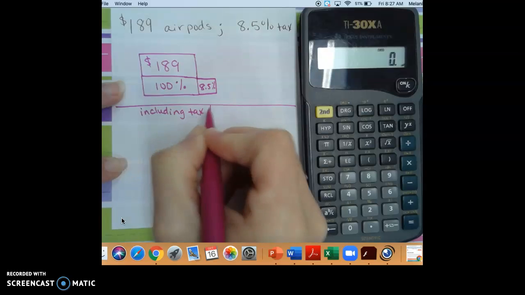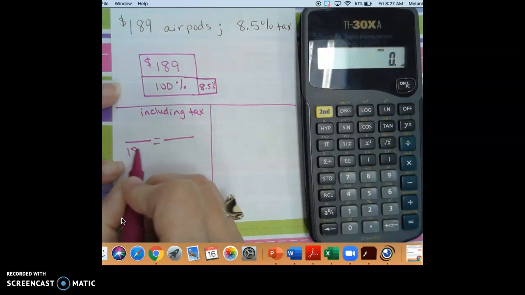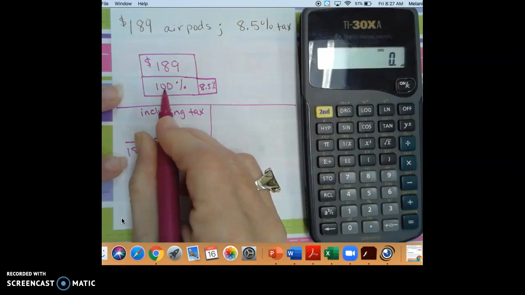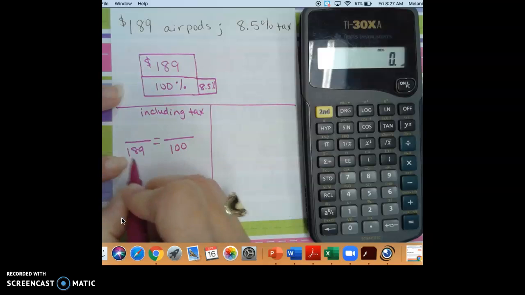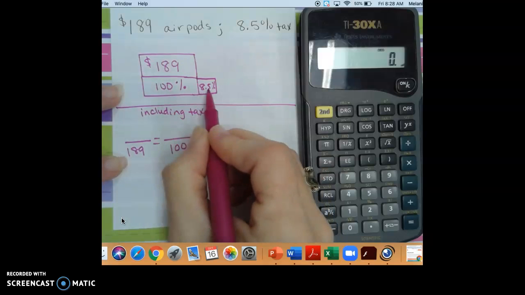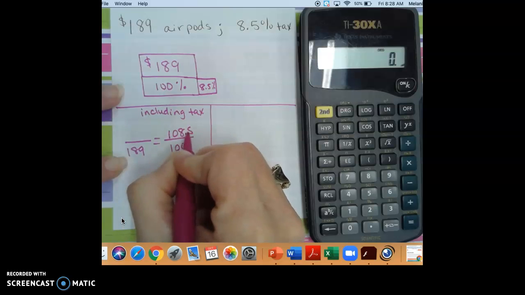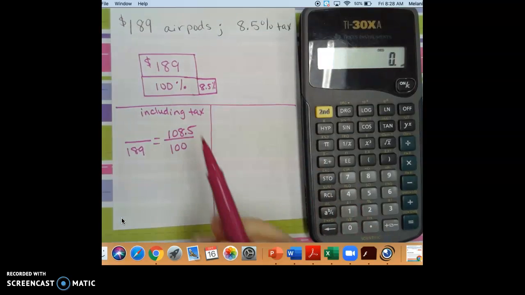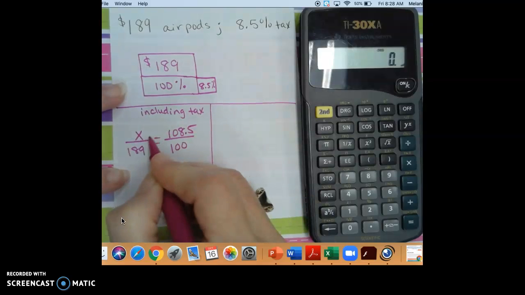That means we want to know the full price, the whole kit and caboodle. So we've got $189, and we're going to pay the 100%. Whoops, I'm sorry, there's 100%. That is full price. 100% plus the 8.5% means this is going to look a little different on top just because it's a decimal. But we still just added those two, like we've done every other time. And then here's our X.